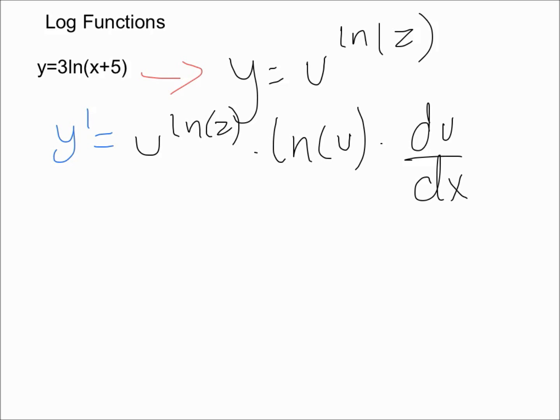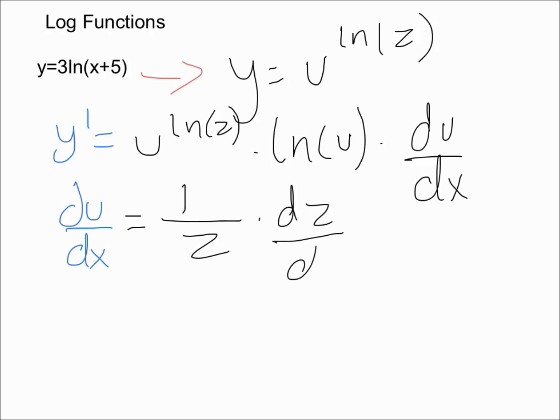But what you want to do is you'll make that du dx, because it's the derivative of that, be the logarithmic equation I just showed you before, but in this case with z instead of u. So we'll have 1 over z times dz dx, and then all of this is this. So you'd have 4 factors in the equation.